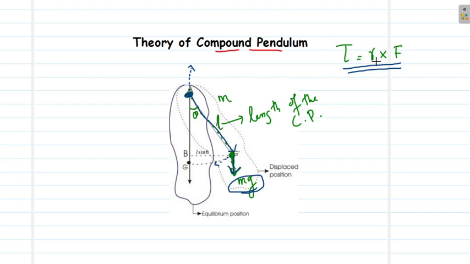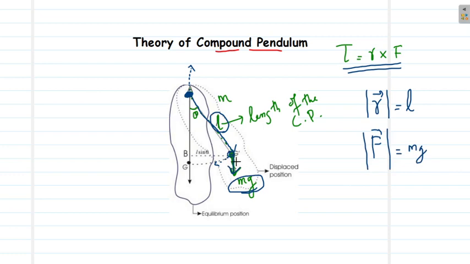Here the magnitude of R, which is the total length from the point of suspension until the center of gravity, is L. So I can write the magnitude of vector R is L here, and the magnitude of the force vector is mg.